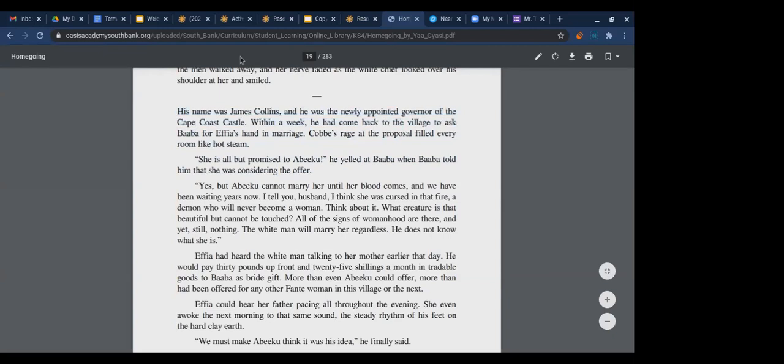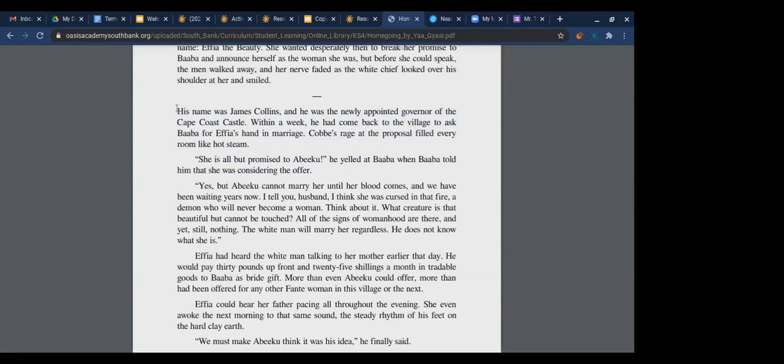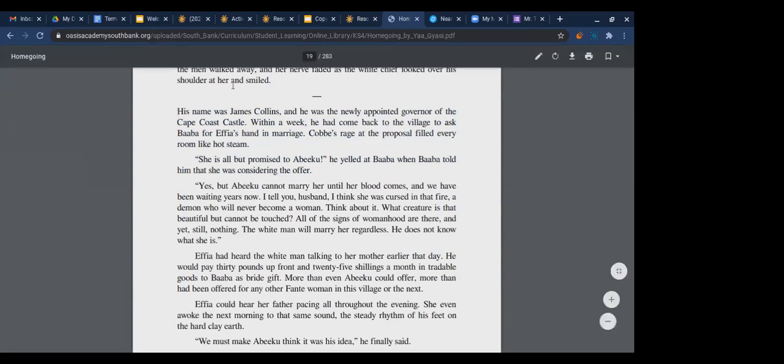So Ayana, Faye, Denham, anybody else who's still with us this morning? Thinking about this excerpt that starts here at his name and ends at considering the offer. Think about, do we know the thoughts and feelings of all the characters or just a few? So do we have third person omniscient here or third person limited omniscient? What do we think?